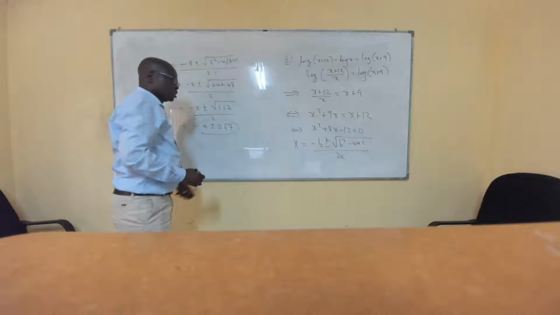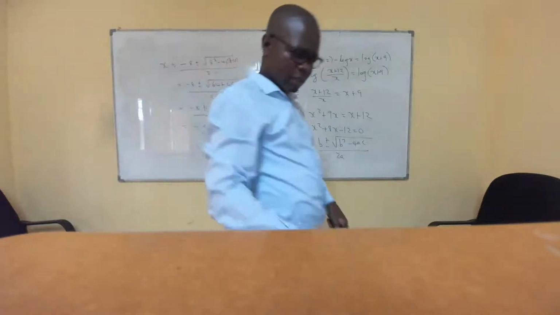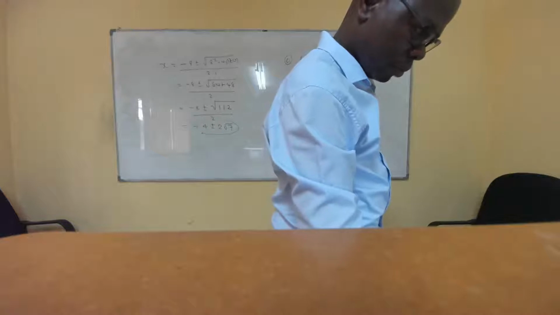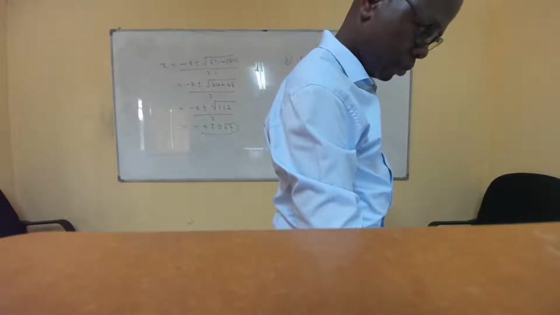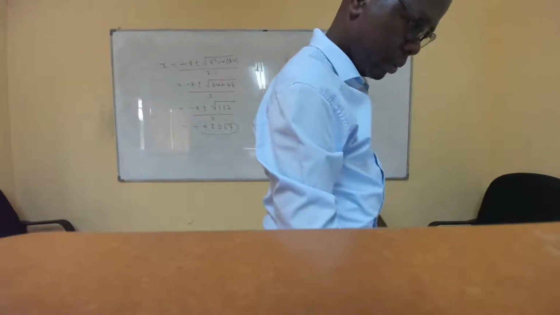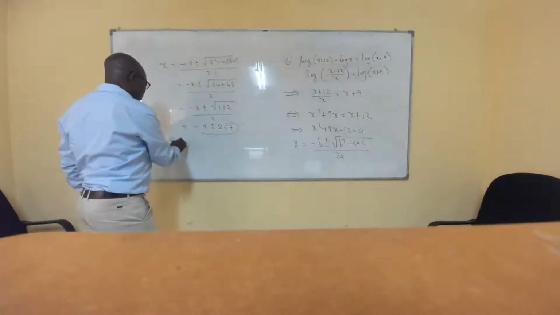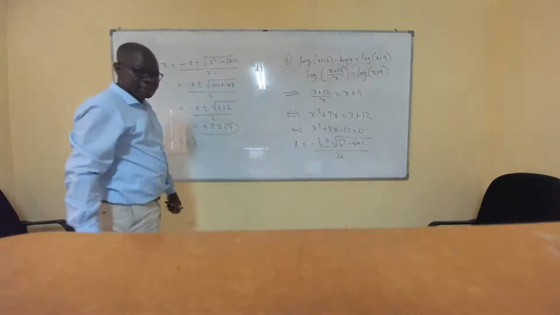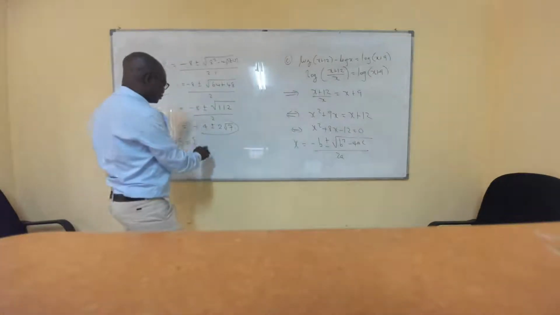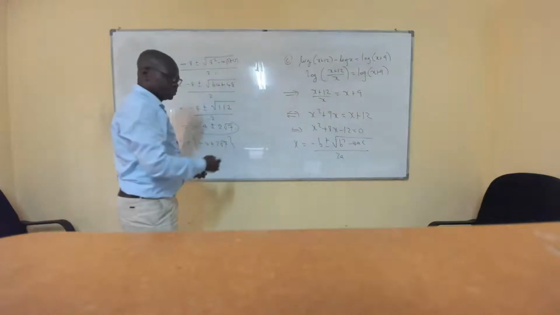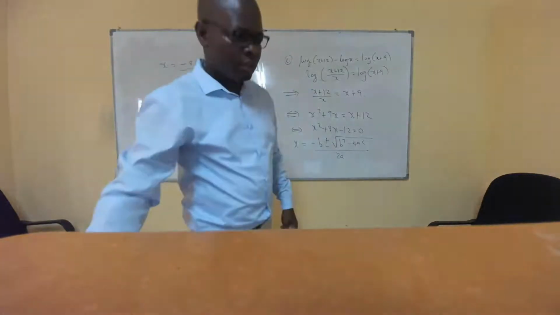You can check that that is the solution. When you check, the solution set will only have minus 4 plus 2 square root of 7. Please, you can check the details for this.